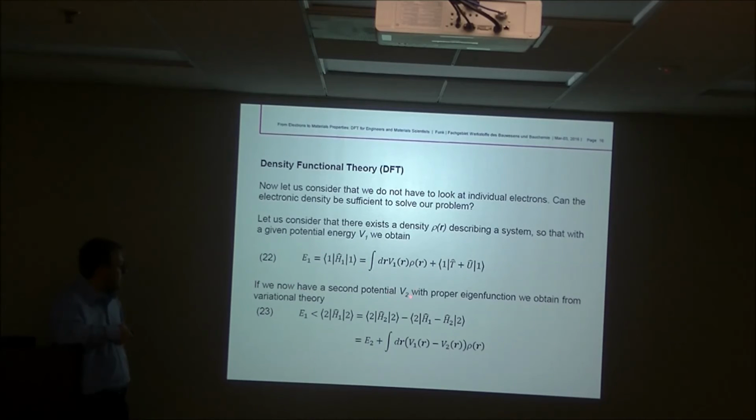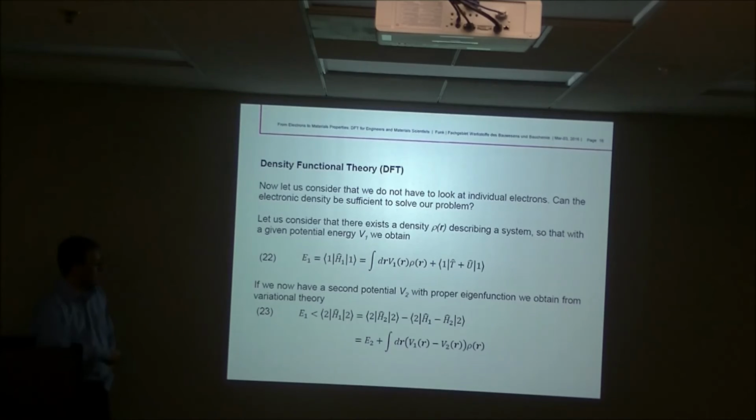Then we have a second potential, also external, with a proper eigenfunction. And if we put this eigenfunction here, for a variational principle, we know that this eigenfunction with Hamiltonian 1 must yield a result larger than the energy of the exact solution. Right? The variational principle works, which is then this equation.